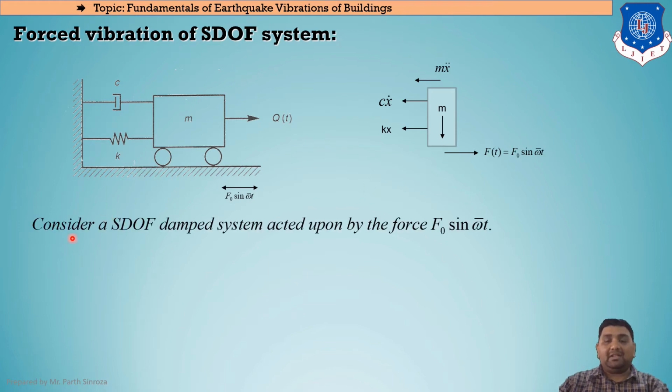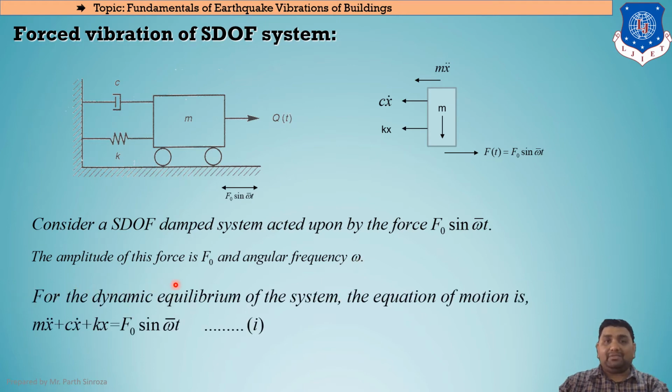Now considering a single degree of freedom damped system acted upon by the force F0 sine omega dash t, that means F of t, the amplitude of this force is F0 and the angular frequency is omega. For the dynamic equilibrium of the system, the equation of motion is obtained by considering sigma H equal to 0.